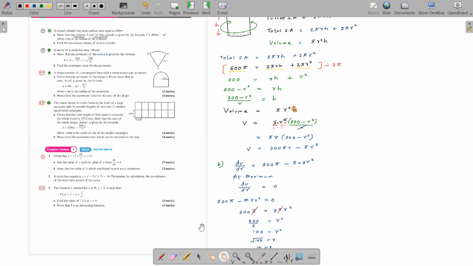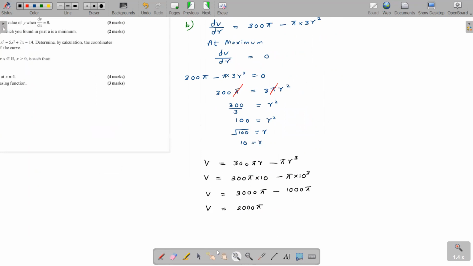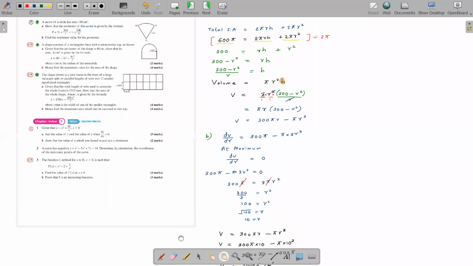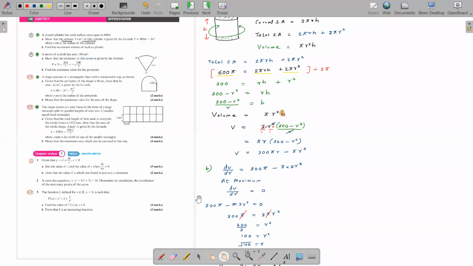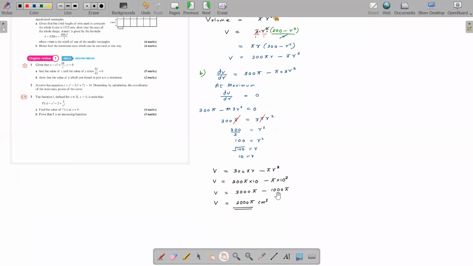And this is in cubic centimeters, because they have given us r in centimeters. So we can just leave it like this. The volume is 2000 pi cubic centimeters. Try the next one.